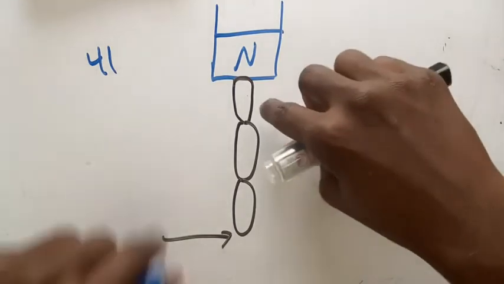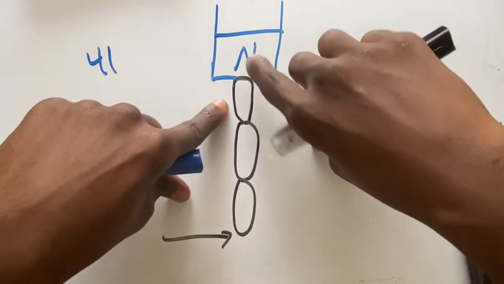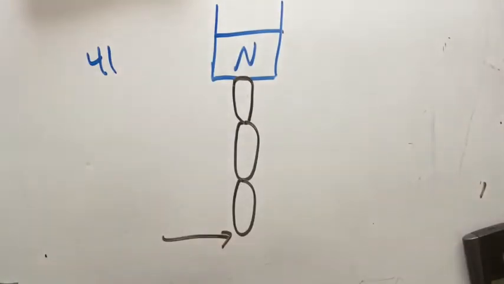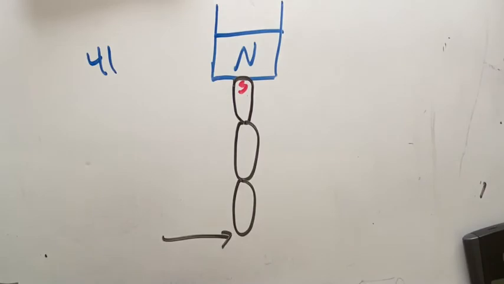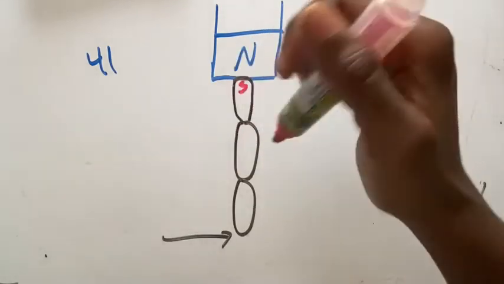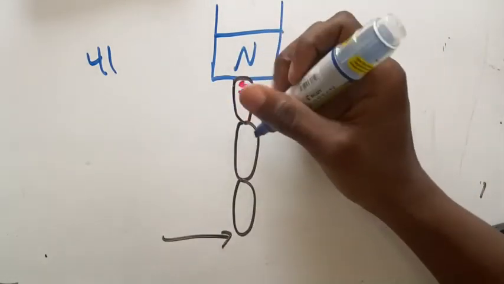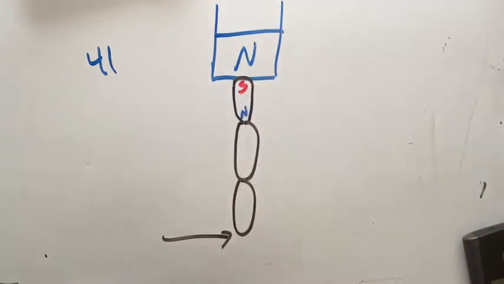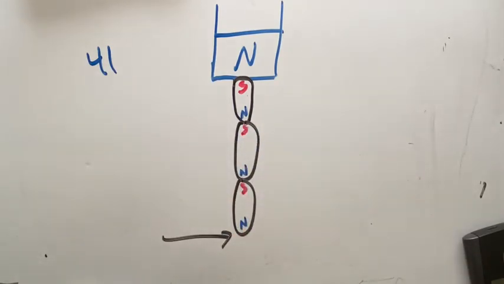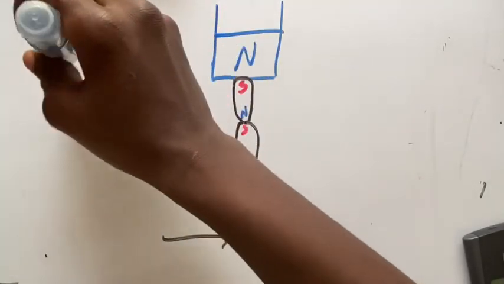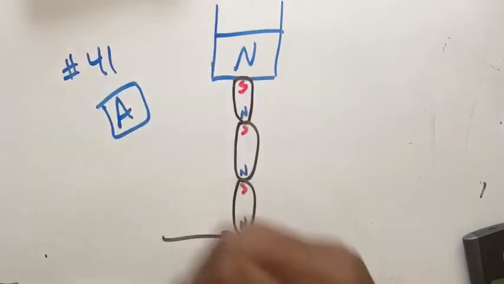Well, in order for this clip to be attracted to that North Pole, it must be a South Pole on this side. And if it's a South Pole on that side, it must make this bottom side a North Pole. Then that makes this a South Pole. Then that makes this a North Pole. Then that makes this a South Pole. And so at the very bottom then we have a North Pole. So 41, the answer is going to be A.